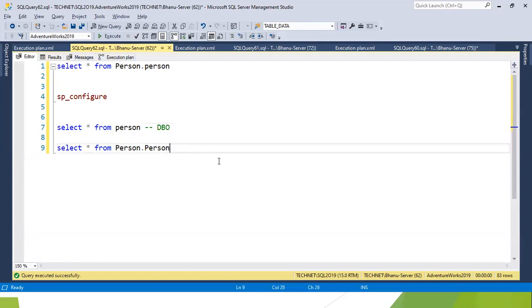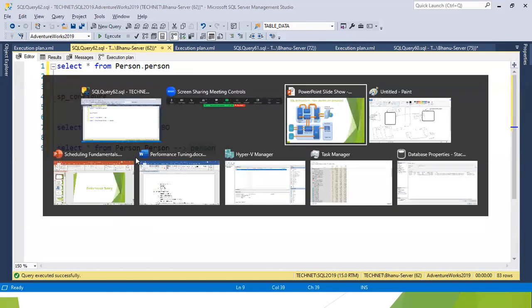If you write it this way, then it is the person schema. These are two different tables altogether, because if you don't specify a schema, it is considered dbo. If you specify a schema along with your table, it is a different table.